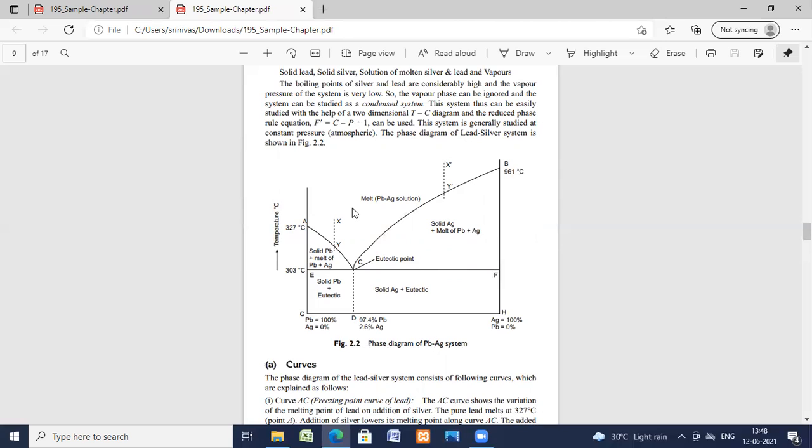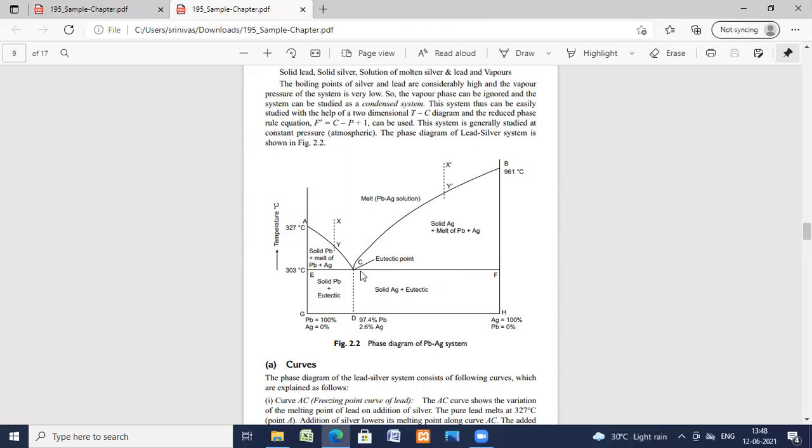In this system, we have applied the reduced phase rule, and on the curves you are getting univariant. On the areas ACE, GCD, CF, HD, and BCF, it is a univariant system. For the curves as well as for these 4 areas, it is a univariant system.